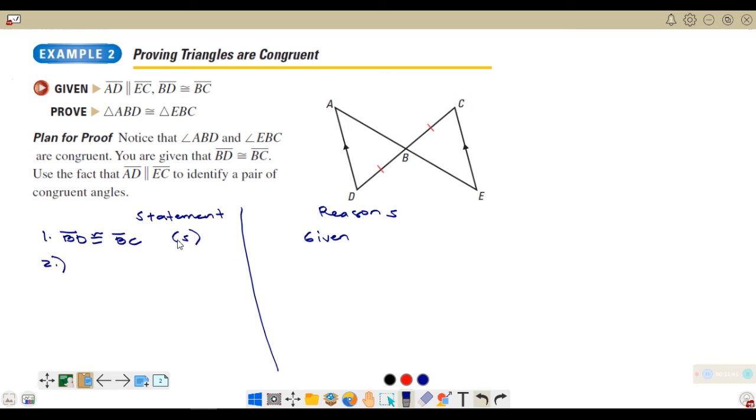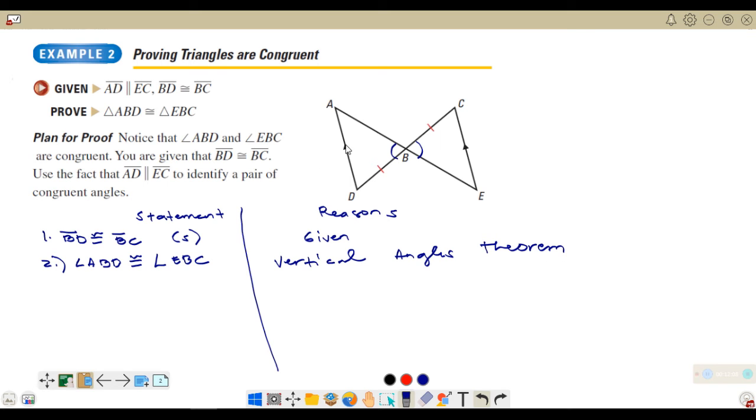Number 2, later we will identify whether it is included or non-included. Let's focus on number 2 first. We have to state the reason why ABD is congruent to EBC. So, this and this are congruent through the vertical angles theorem.